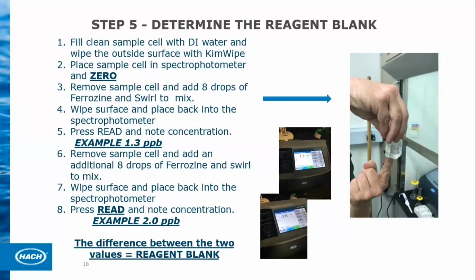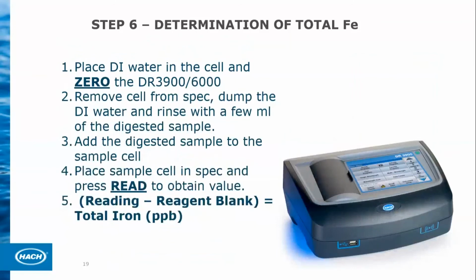So you're establishing the reagent blank here. The difference between your reading with only DI water and with DI plus the Ferrozine is going to give you the reagent blank. Normally that's going to be very small. You're going to subtract that from the actual reading of your sample. So you're going to put the sample cell in, put the digested sample in, take a measurement, and then subtract that reagent blank from the reading that you had with your sample. So it's a very simple measurement.